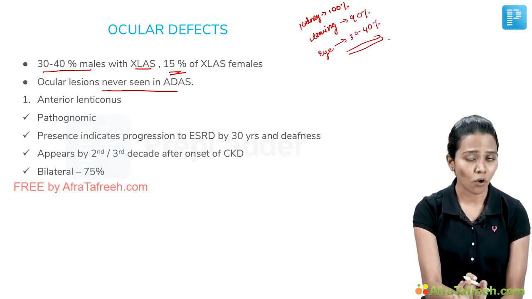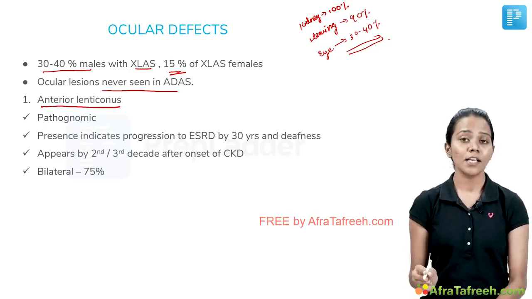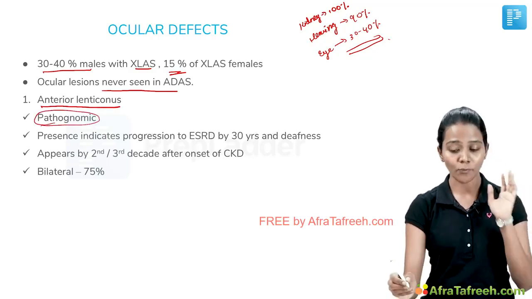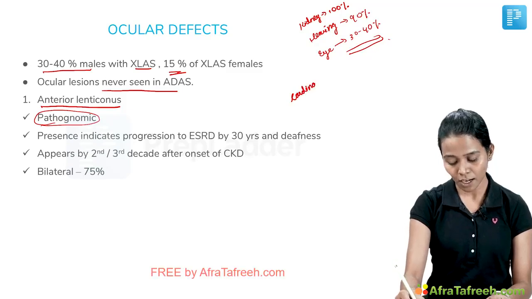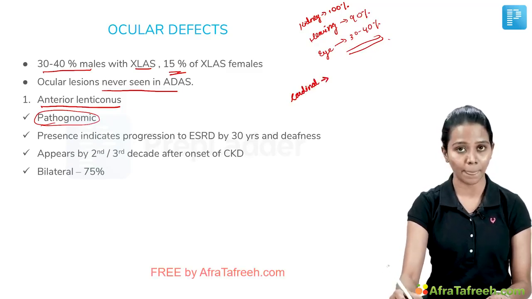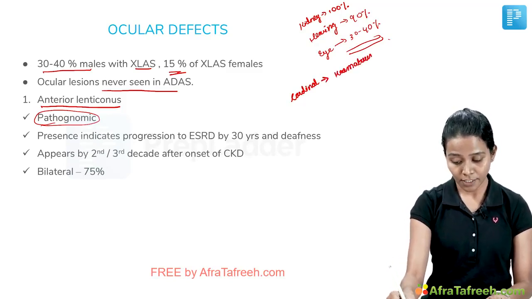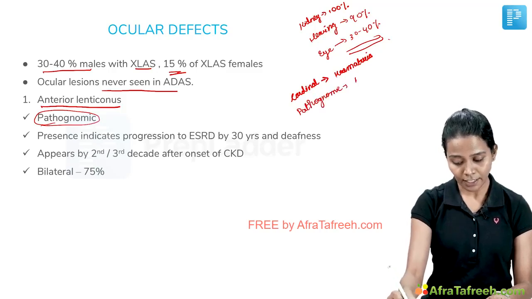There are 4 important ocular findings seen in Alport syndrome. First is anterior lenticonus. This anterior lenticonus is pathognomonic. As of now, we have dealt with 2 things. One is cardinal. What is the cardinal feature of Alport syndrome? It is hematuria. And if the question is what is pathognomonic of Alport syndrome, it is anterior lenticonus.